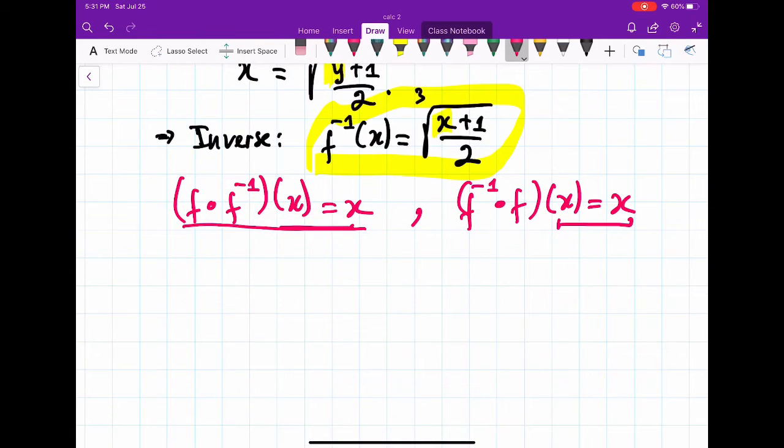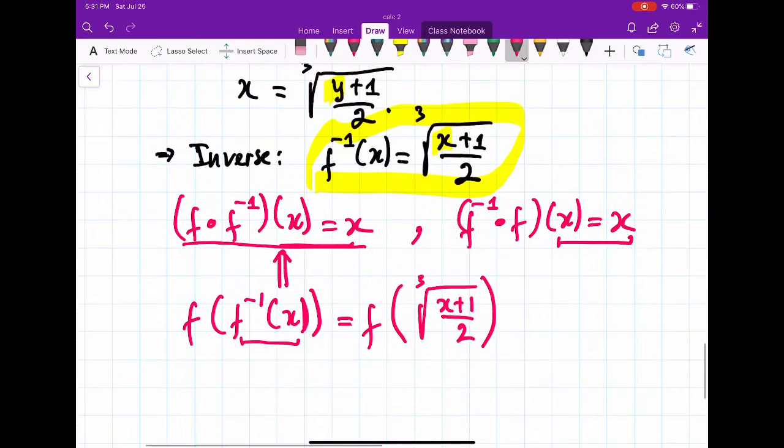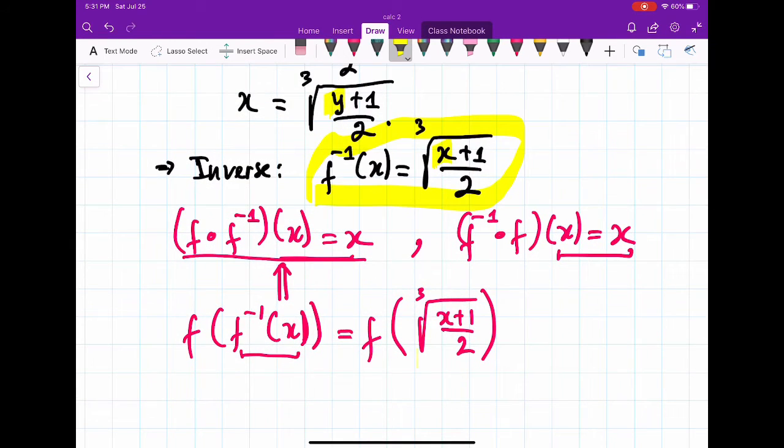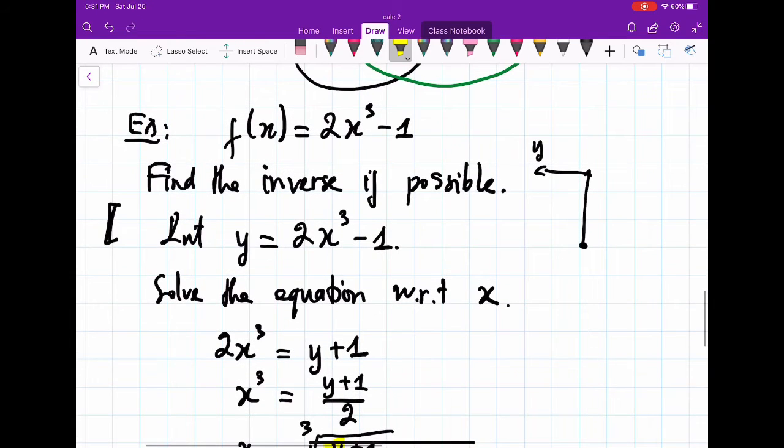So I might choose the first one. We have f of f to negative 1 of x, so that is f applied to the cube root of (x plus 1) over 2. So we need to apply the function f to this value. Our function is 2x cubed minus 1.